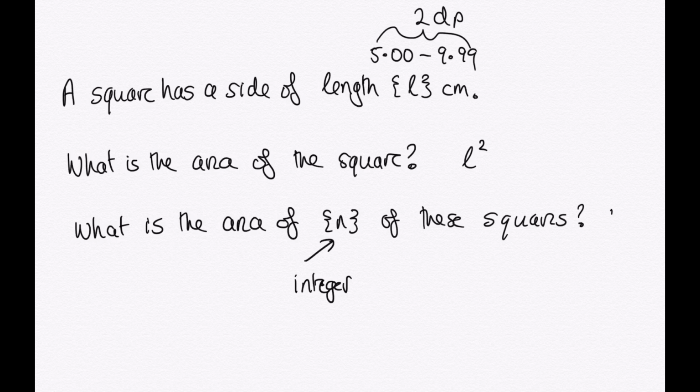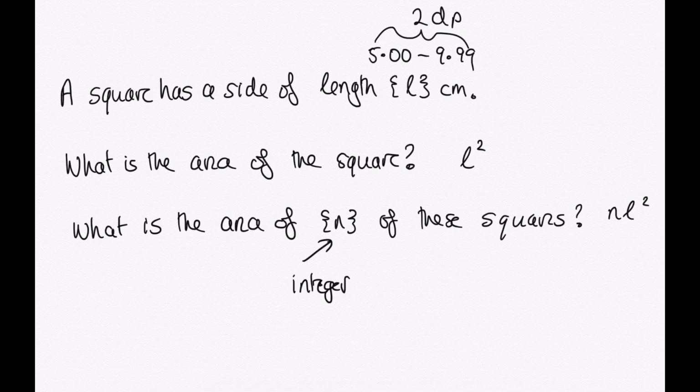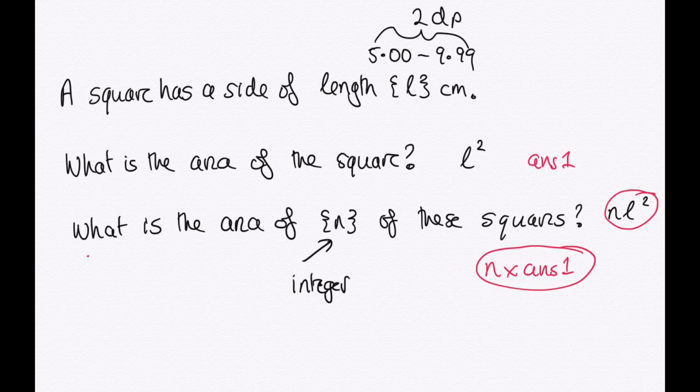And clearly the answer to that is nL squared. But we may want to give them marks for this second part if they have some answer to the first part and they do n times the answer to the first part as well. So we'll accept either this answer or this answer as correct.